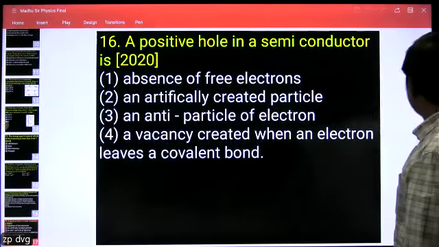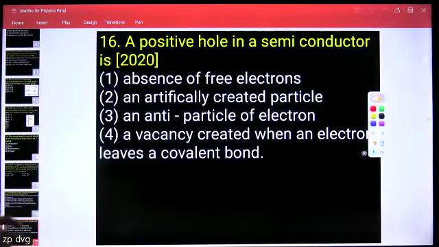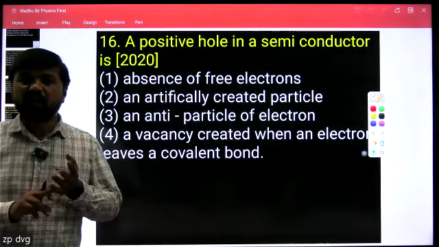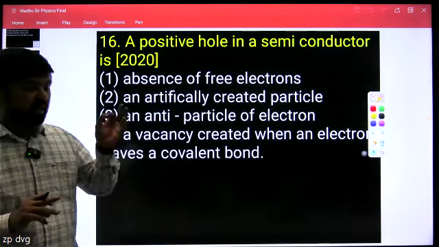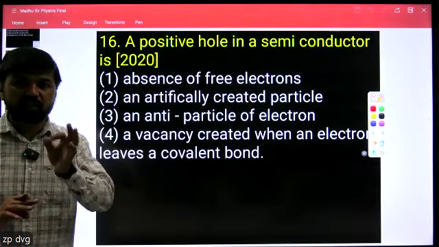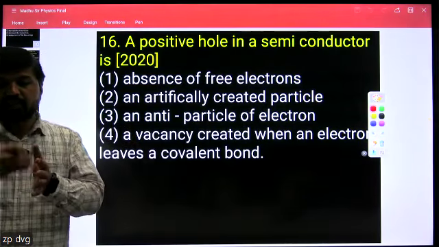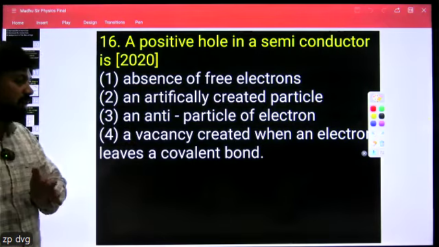Okay, positive hole in a semiconductor. We already learned there are two types of charge carriers in a semiconductor, one is the electron and the other is the hole. Electrons are negatively charged particles present in the valence band. After absorbing some energy, an electron jumps from the valence band to the conduction band, creating a vacancy in the valence band.